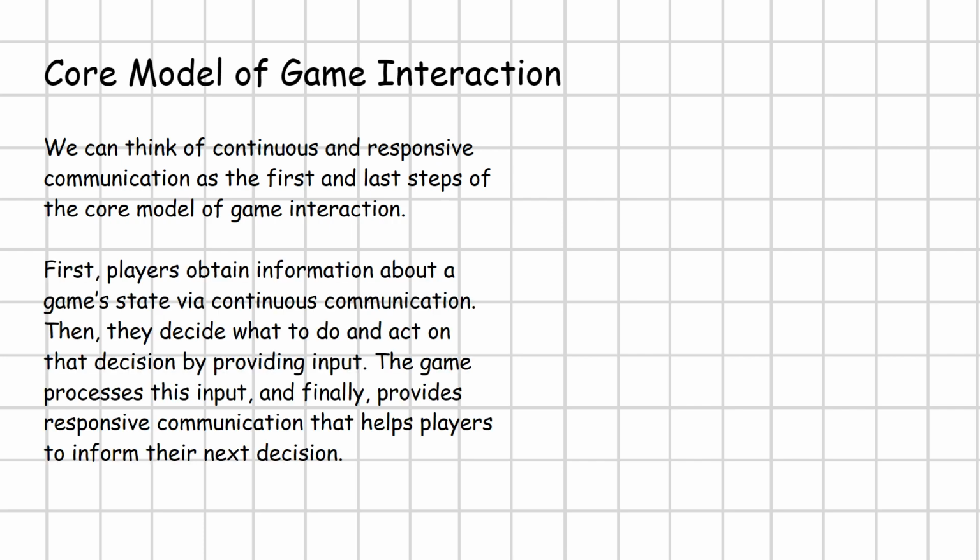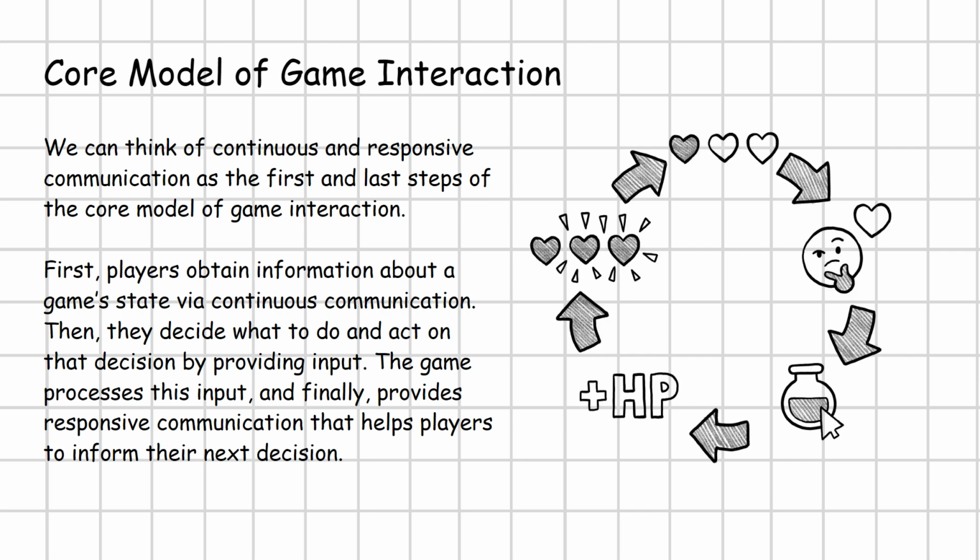First, players obtain information about a game state via continuous communication. Then, they decide what to do and act on that decision by providing input. The game processes this input and finally provides responsive communication that helps players to inform their next decision.